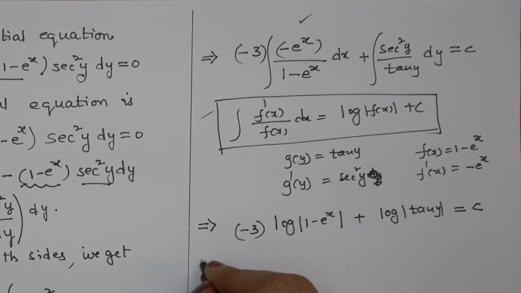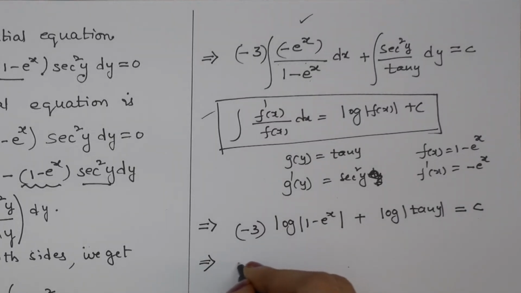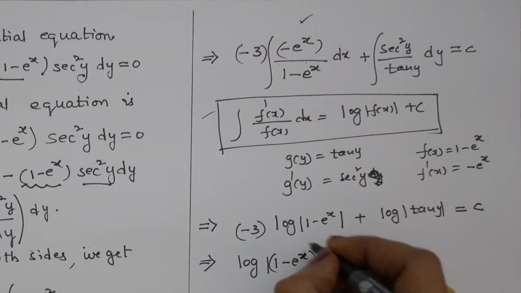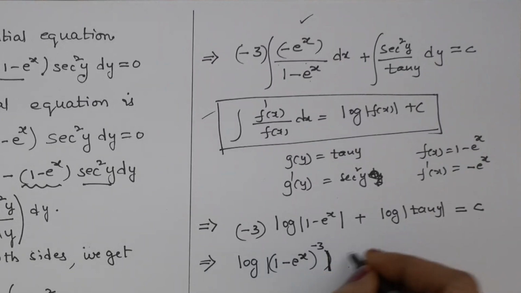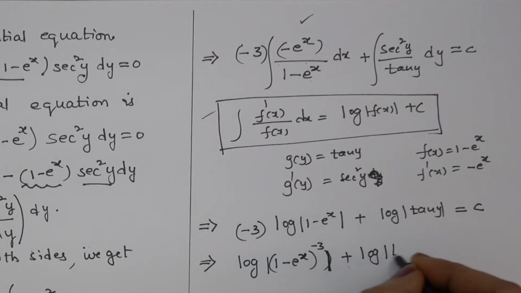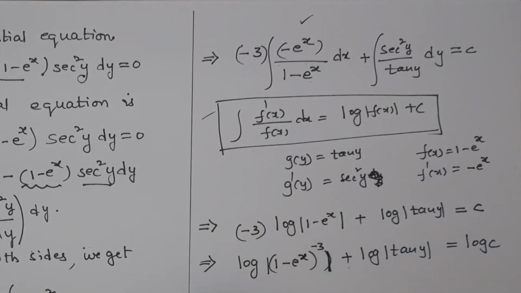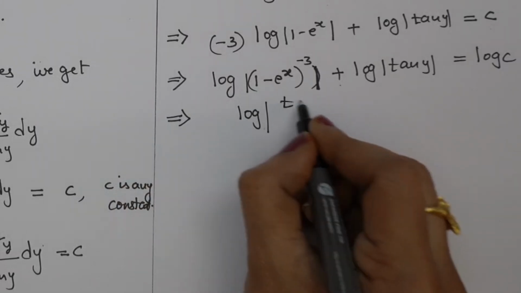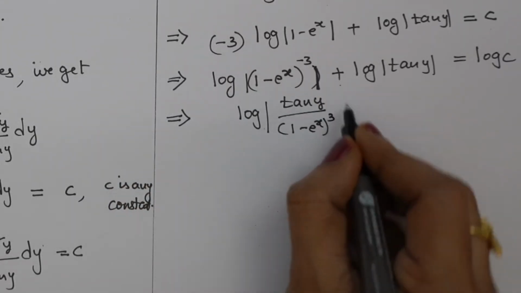I can write this constant as log c also. So, this equals to log 1 minus e power x whole to the power of minus 3 plus log mod tan y is equal to log c. This can be written as log mod tan y by 1 minus e power x whole cube.